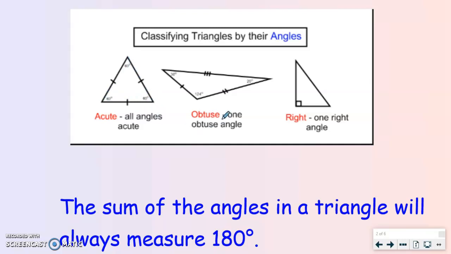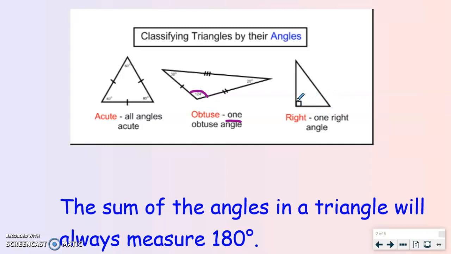Okay. And then this one here is an obtuse triangle. It only has one angle that is greater than 90 degrees, and we'll talk about that in a second, but it's only possible for a triangle to have one angle that's greater than 90 degrees. And then this triangle here is a right triangle.